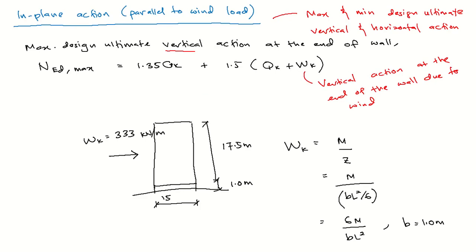So this is 50 meter. Okay, so your L is 50 meter, B is 1 meter. Now what is M? Let's look at M. M is bending moment at bottom of wall due to wind action.